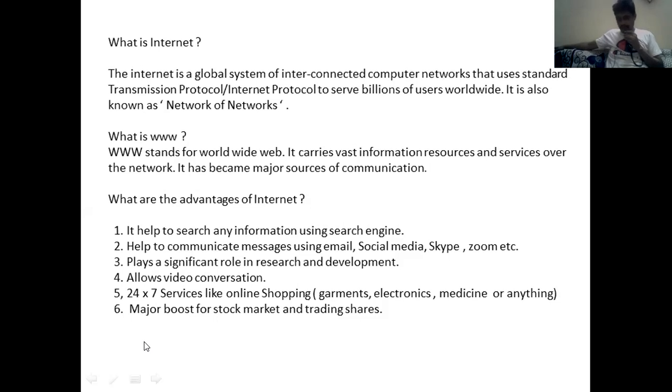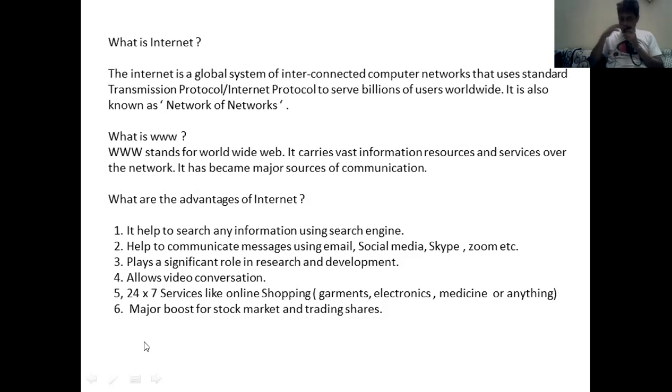Through that, we share our information. There may be different kinds of mediums, and one of the mediums is called social media. Social media includes Skype, Zoom, Facebook, WhatsApp, etc. They are all part of these social mediums.